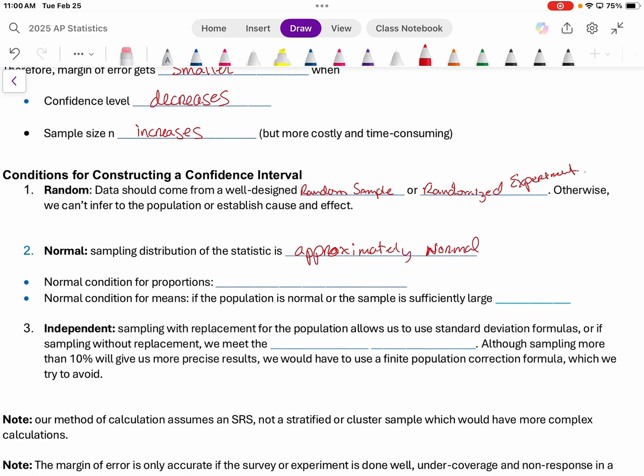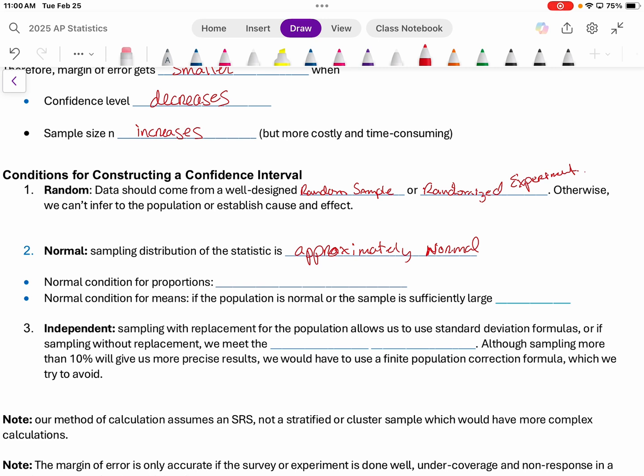If they tell us that our distribution was approximately normal, and they don't tell us the sample sizes and that type of stuff, then we don't have to worry about it. If they use the phrasing approximately normal, then I meet that normal clause.